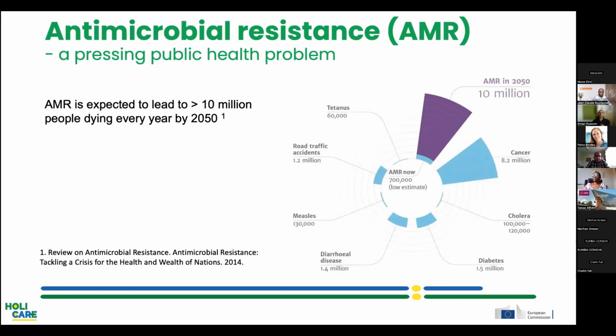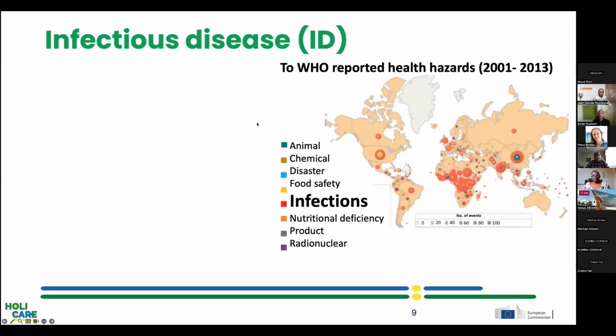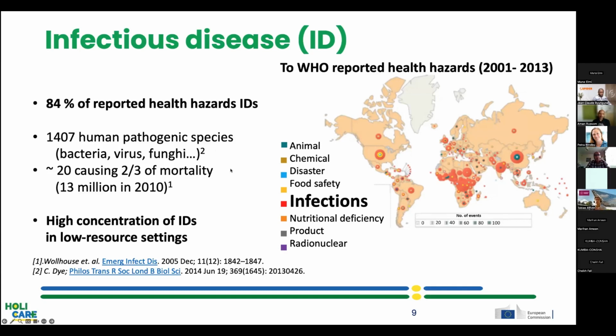So why are we focusing on resource limiting settings? This picture shows all the hazards that were reported between 2001 and 2013 to WHO. Infectious diseases stick out. They stand for about 84% of the reported hazards, with a quite high concentration in low resource settings.